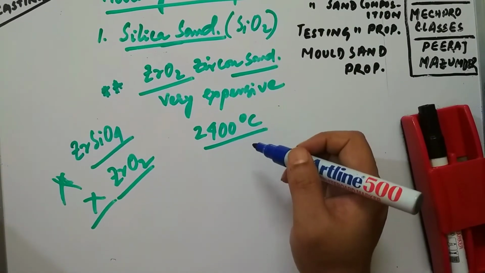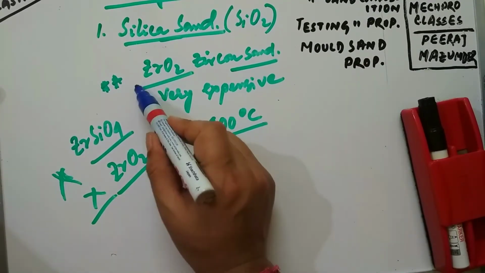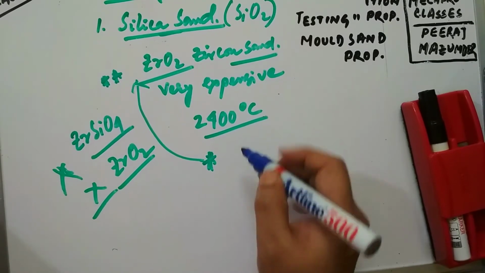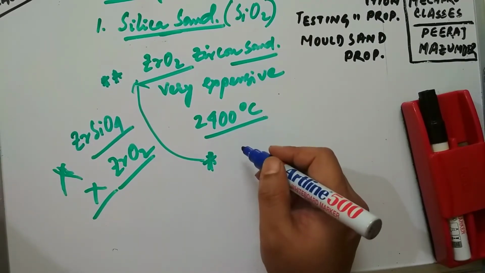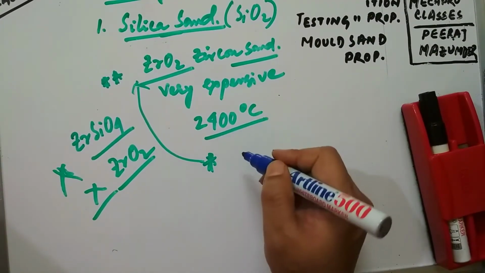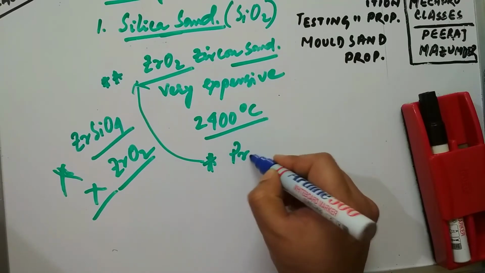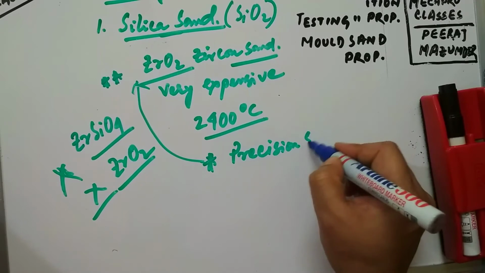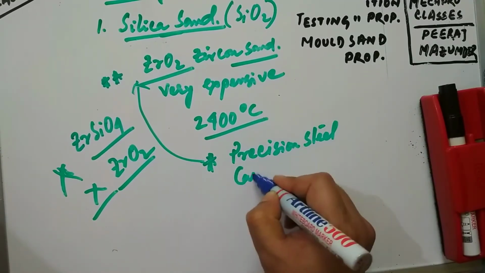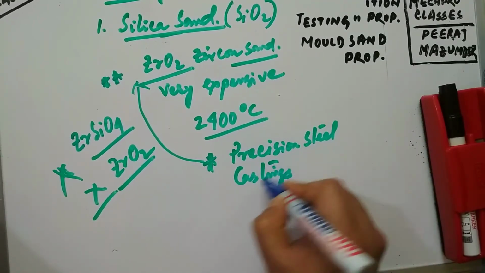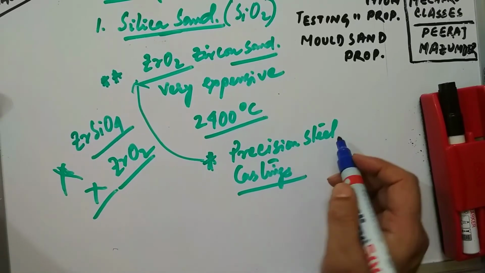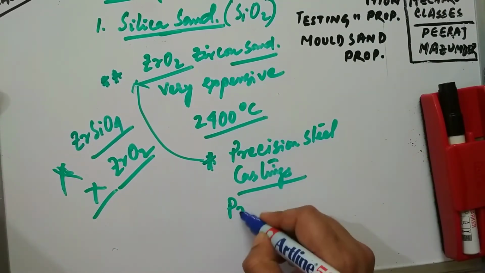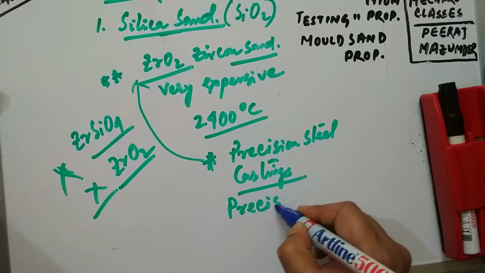Now, where is it generally used? This is very important, and I want to mention it for your competitive examinations. This type of sand is generally used to manufacture precision steel castings, so take a note of that. You have to keep this in mind about zircon. Precision steel castings require better surface finish, and it is also used for precision investment casting, which we will discuss in later classes.